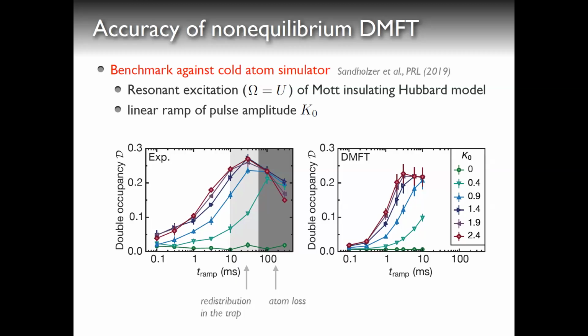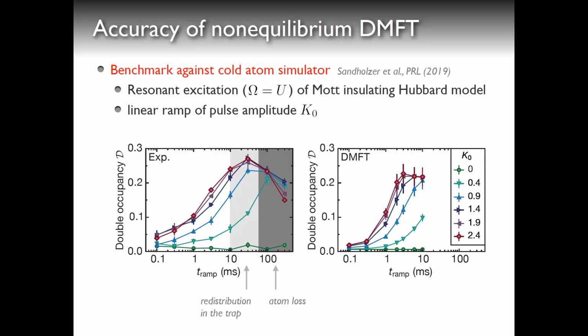And what is done in this calculation is that the driving field is ramped up linearly in the amplitude of the field, and we measure the double occupation after the end of the ramp for different amplitudes of the driving field. So the different colors are the different amplitudes of the field, and this is the ramp time.